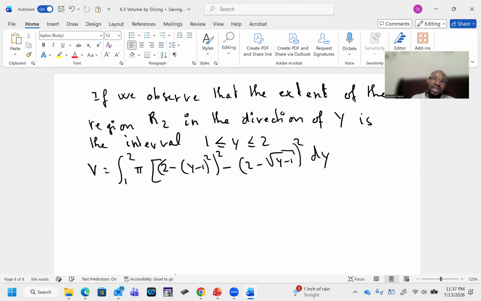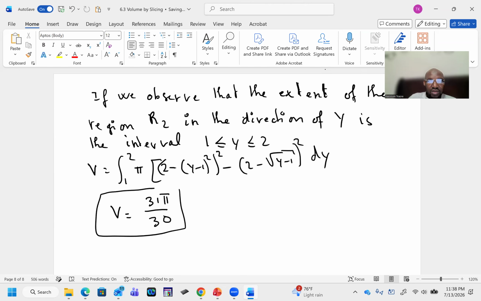Okay, I will let you integrate this one yourself. This is the practice. Let me pause, do it, and put the answer. So if you calculate correctly, your V should be 31 pi divided by 30. And that's it for this section.